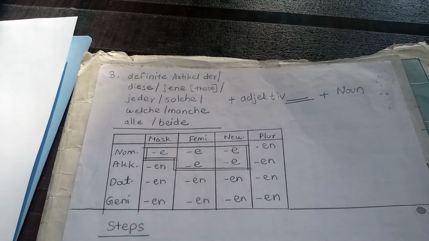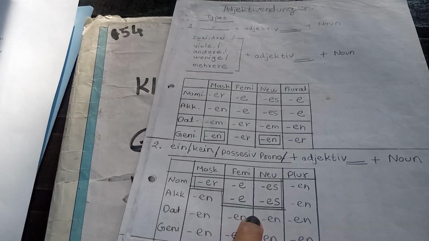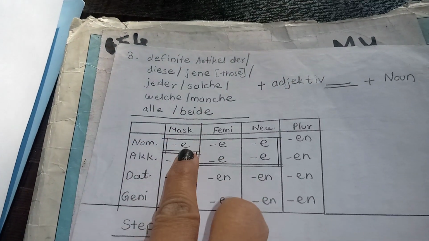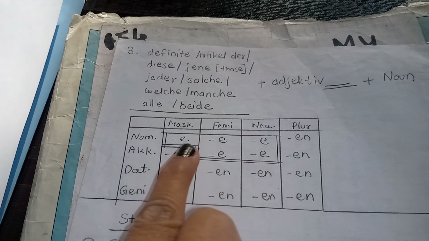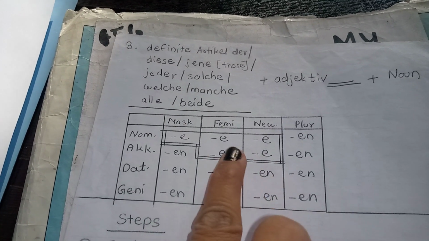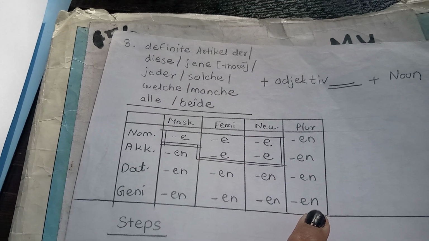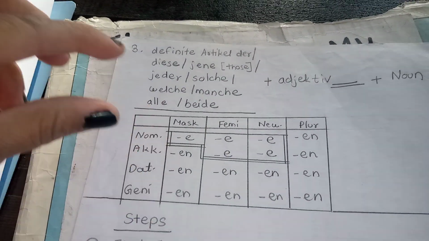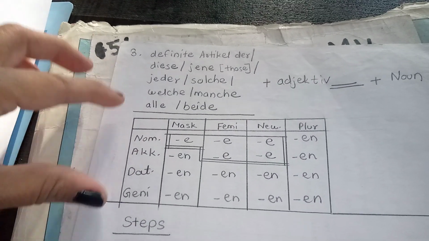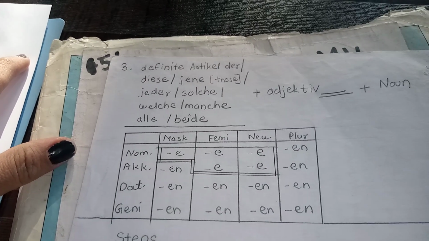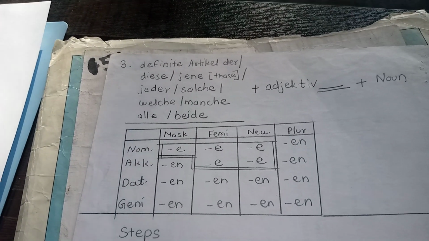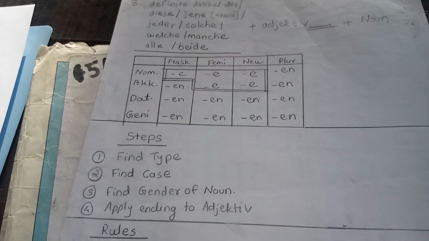The pattern is the same as our second table, but these endings are en and the remaining endings are e and the remaining endings are en. If you remember this pattern and the tables stepwise, then all these tables will be very easy for you. Now let's learn the steps.